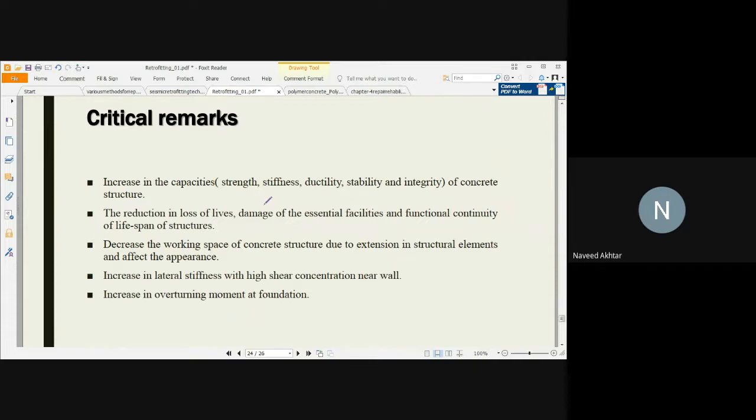The reduction in loss of life and damage is due to the increased ductility, stiffness and strength of the member, and essential facilities and functional continuity of the structure can be increased by retrofitting. Increase in lateral stiffness with higher shear wall concentration, increase in the overturning moment capacity of the foundation, etc., all come under the retrofitting techniques.